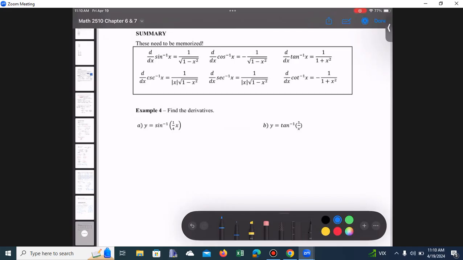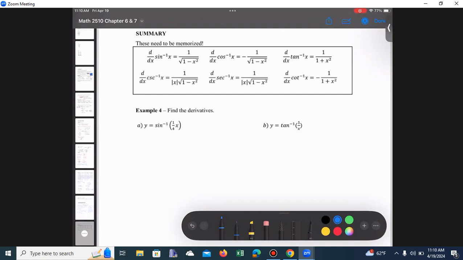And the derivative of inverse cotangent is the negative of that, so negative 1 over 1 plus x squared. Cosecant and secant, there's an absolute value of x in the bottom. You have to take that into account. But it also is very similar to what the derivatives of sine and cosine were.